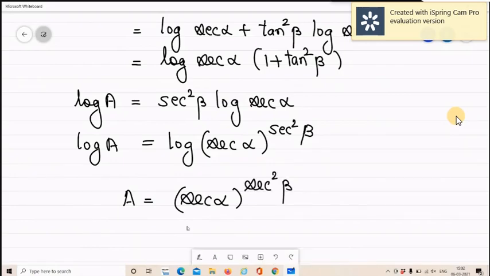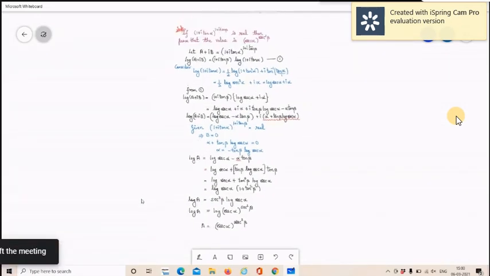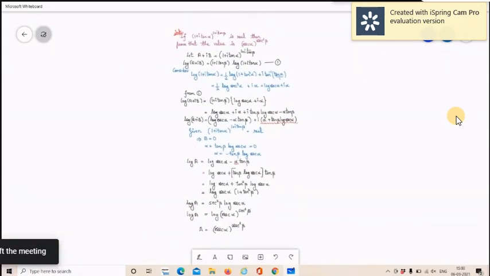This is what we had to find: if 1 plus i tan alpha raised to 1 plus i tan beta is real, then the real value of it is sec alpha raised to sec square beta. Please go through it and let me know whether it is understood.